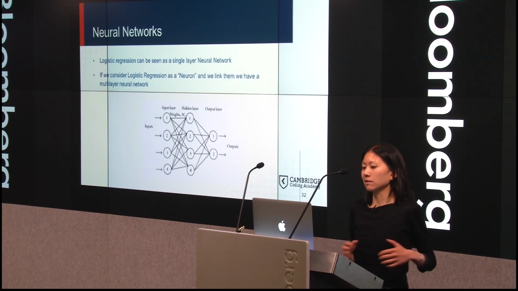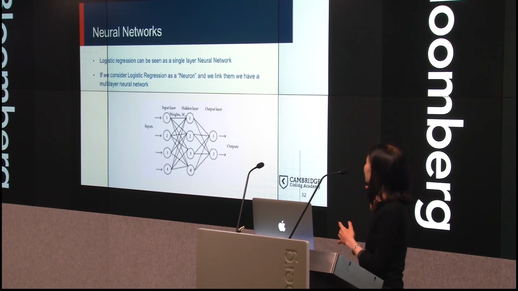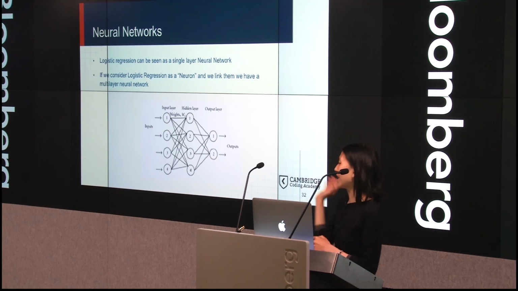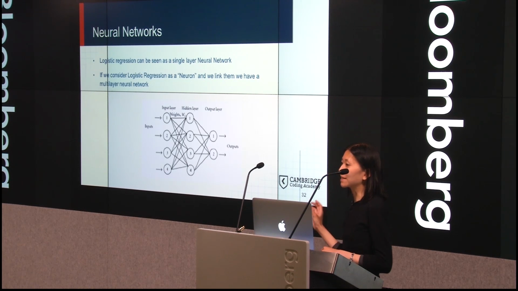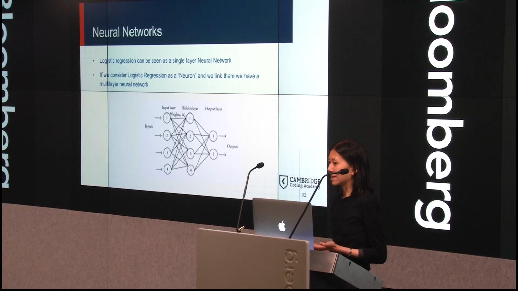Just very quickly on neural nets. You can see it both ways. On the other hand, you can see logistic regression as really just a simple one-layer neural net. And when you link them, you get a multi-layer neural network. The thing with the neural network is that you have one or more hidden layers, and that's the part that gives you the non-linearity.